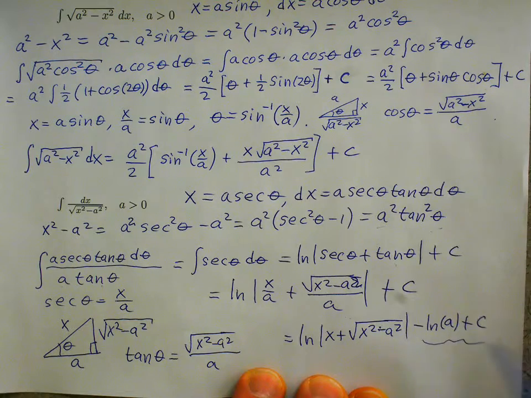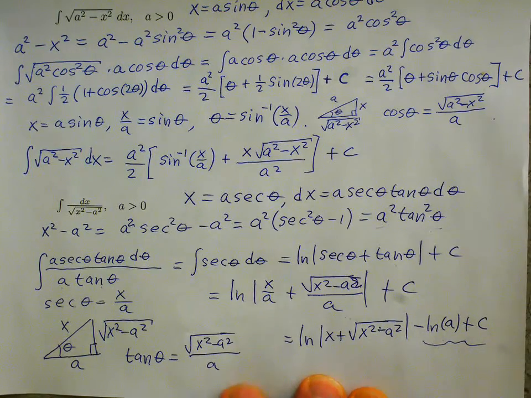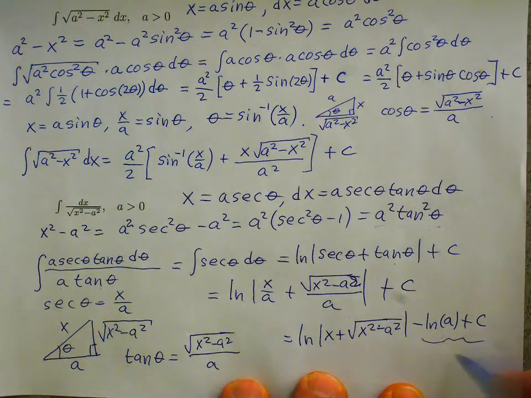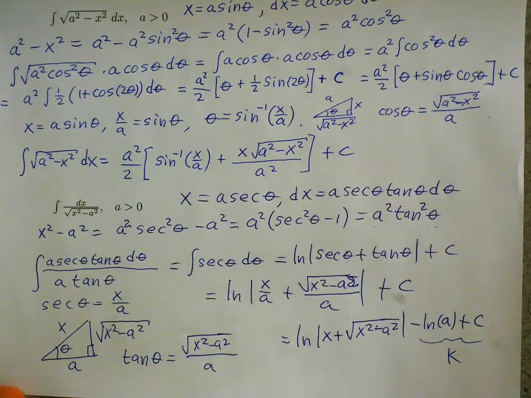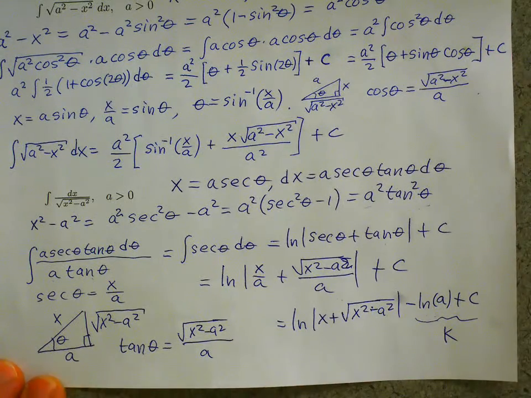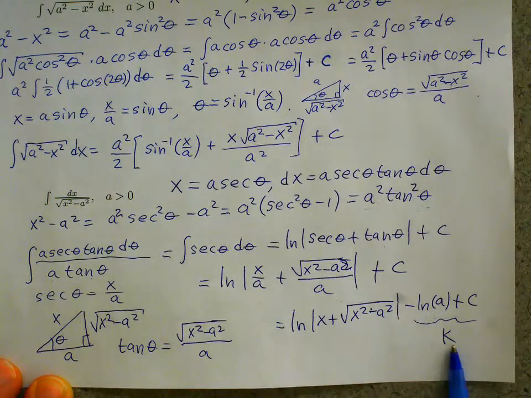But since minus the natural log of a is itself a constant, you can just replace minus the natural log of a plus c with another letter different than c, maybe k or something. Okay, so that's what we get using that trig substitution.